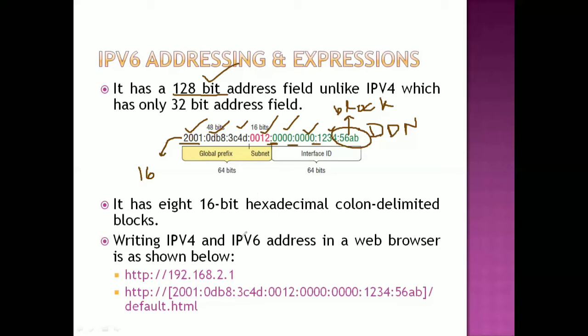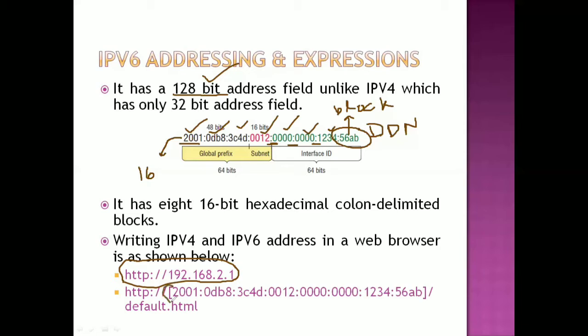One more thing I want to clarify here is how we write the IPv4 address in the browser bar. In the web browser, you usually type HTTP colon double forward slash and the IPv4 address is written. But in the case of IPv6, you have a difference over here.